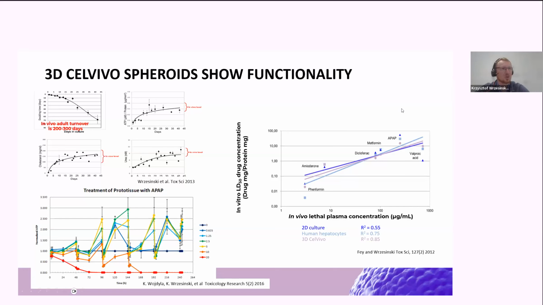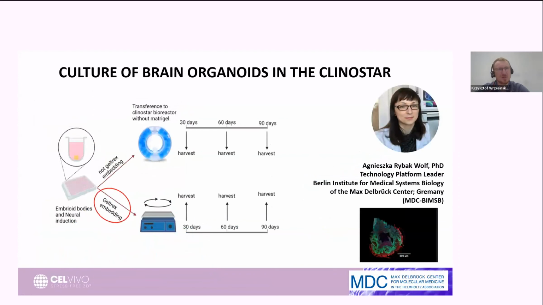We also showed that they predict known reactions to different drugs in a much better way than the same type of cells grown as monolayers. The clinostat principle promotes those different cellular structure developments.